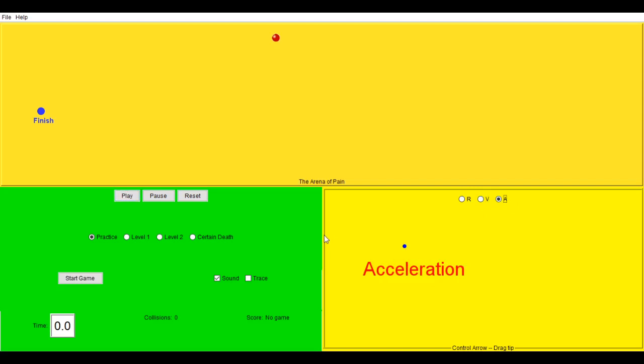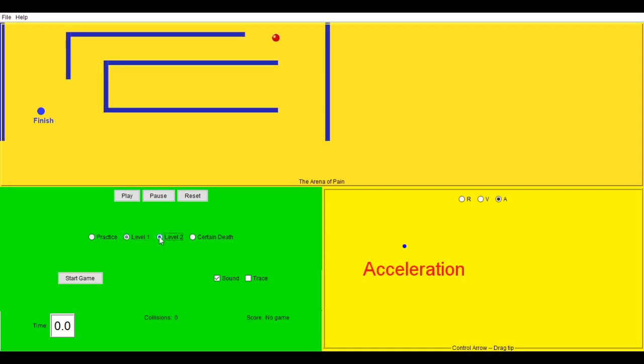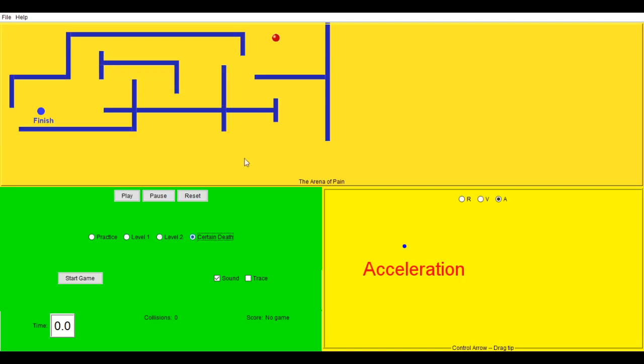You can download this simulation on the PhET website. The link is in the description of this video. And on this simulation, you can try some mazes here. You can have level 2, and one of the most difficult parts of the race is this one, the most difficult level.